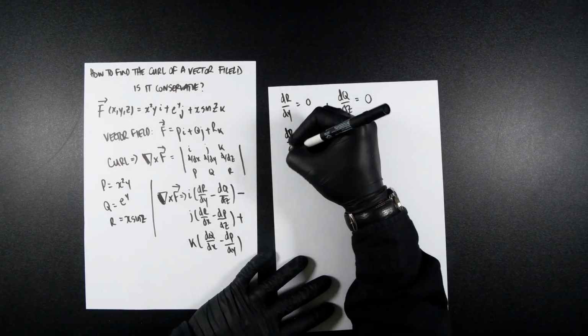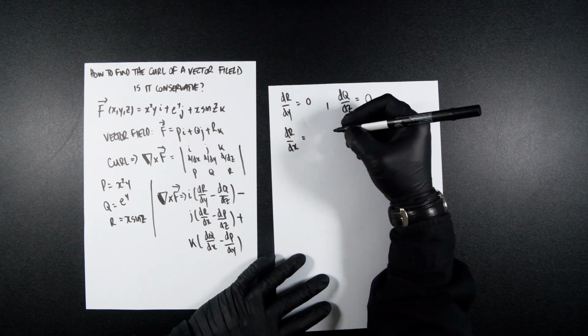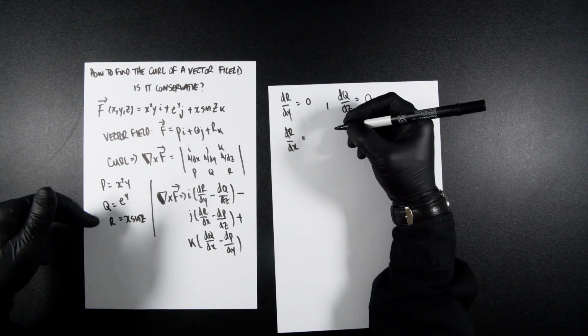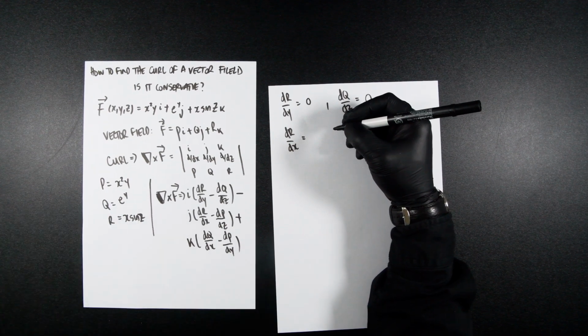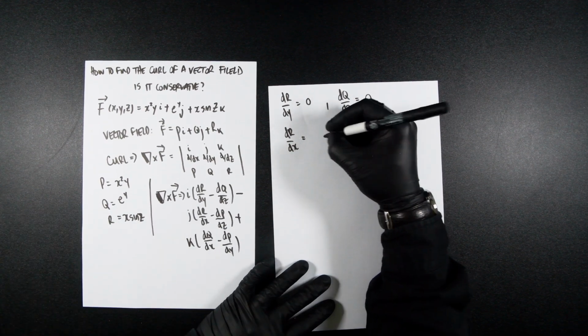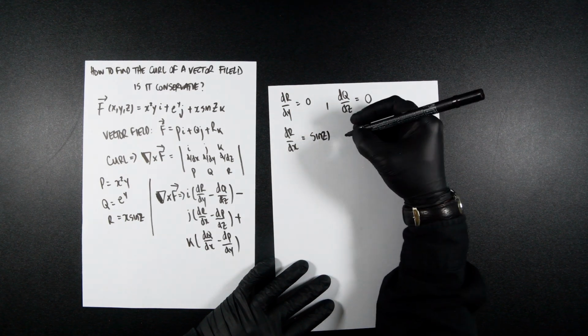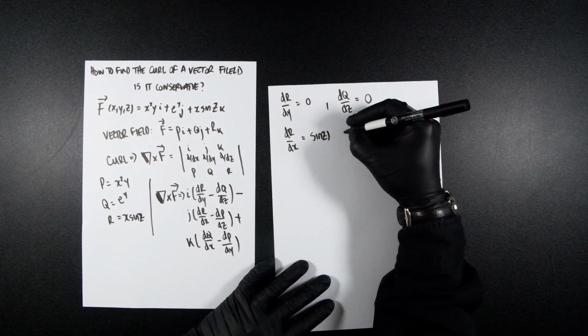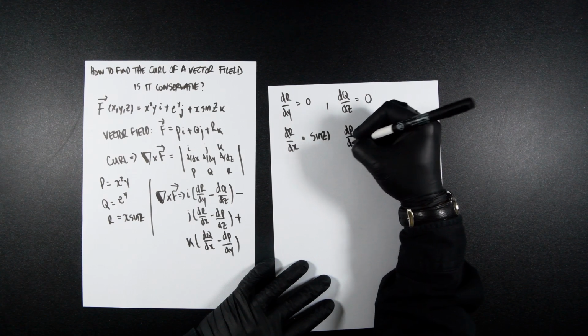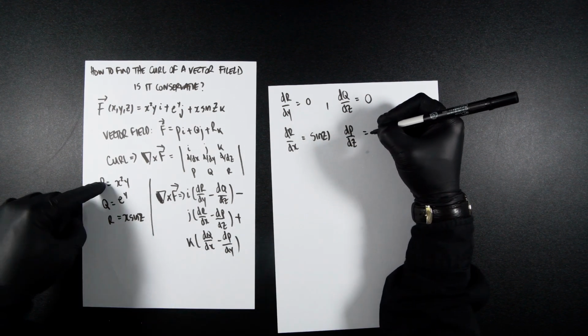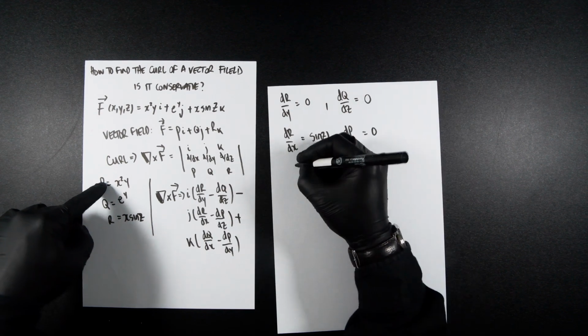Let's now do dR over dx. We actually have an x here, so we're going to use partial derivatives. And so that's just going to be sine z. And then we're going to do dP over dz. There is no z term, so that's 0.